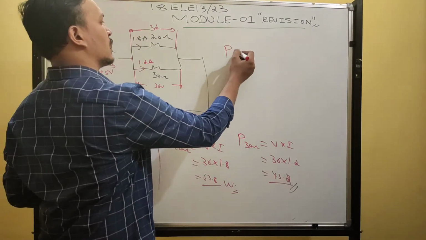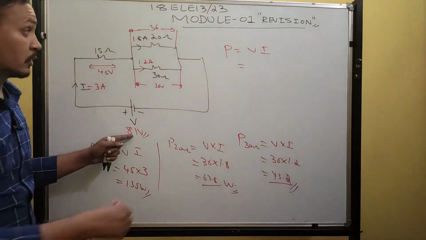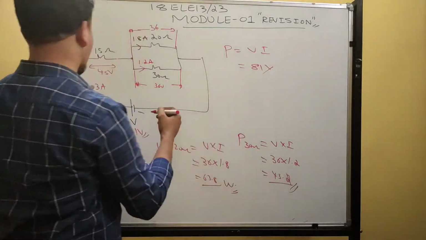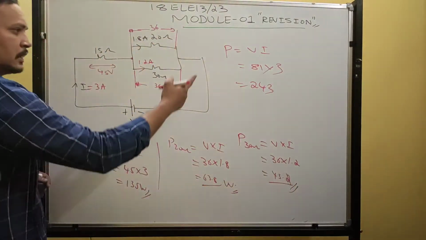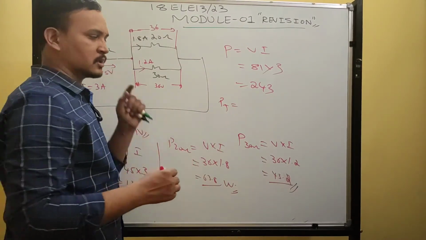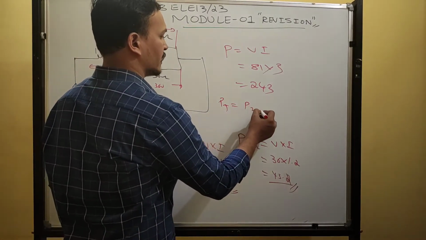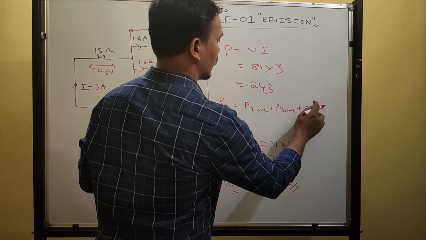What is the total power now? Voltage into current. I am finding total power. Means you take total voltage, how much? 81. What is the total current? 3. 81 times 3 is how much? 243. By adding all this, you should get 243. So therefore, one concept: total power dissipated in a circuit is equal to the sum of the power dissipated in each and every resistor. Remember this concept.